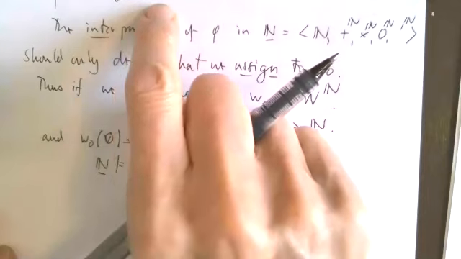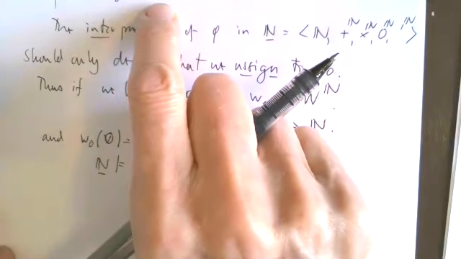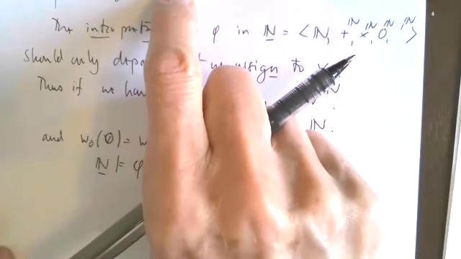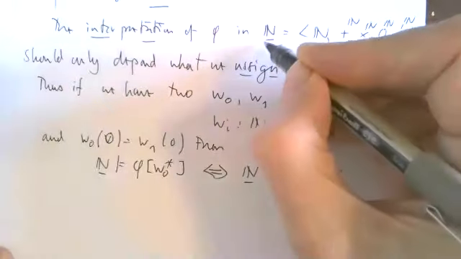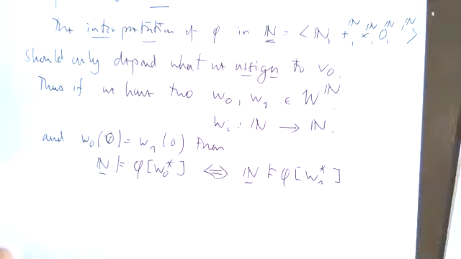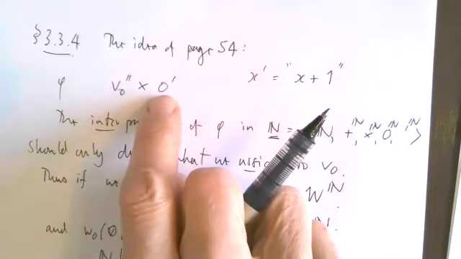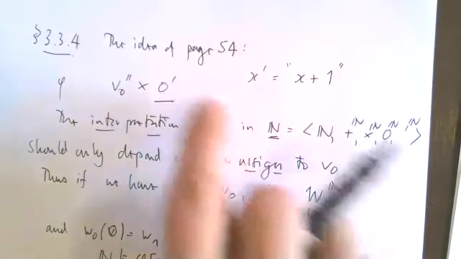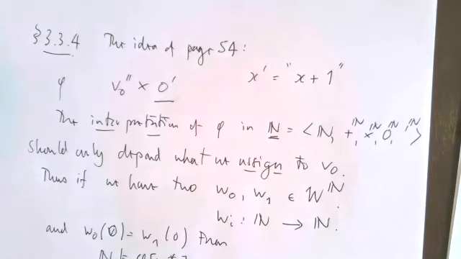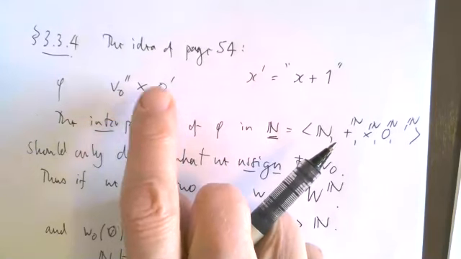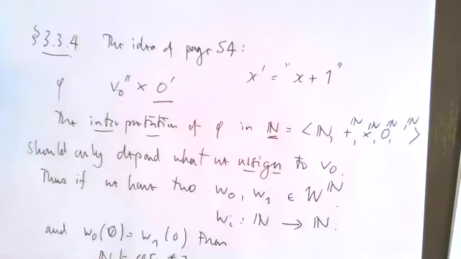So 0 prime, this is a constant symbol. It will be interpreted in the standard way as the number 0. The prime will be the successor function. So the interpretation of this in the natural number structure will be the number 1, if I'm sensible and interpret the 0 symbol as the number 0.